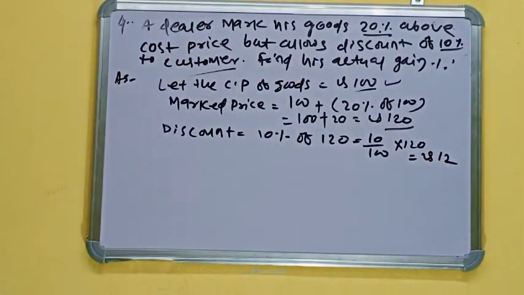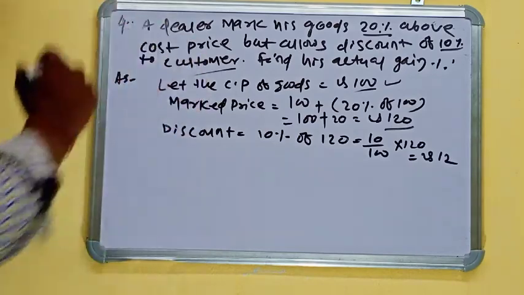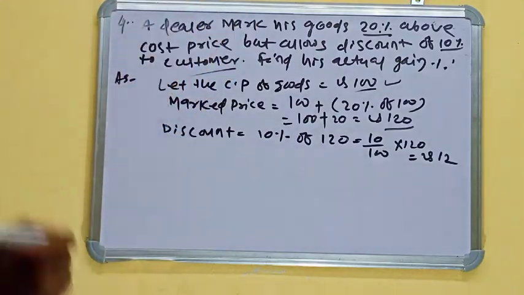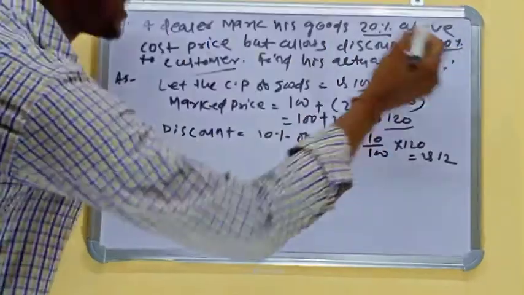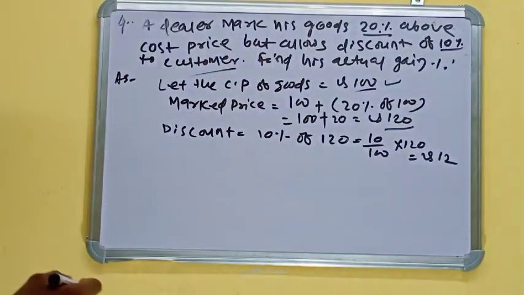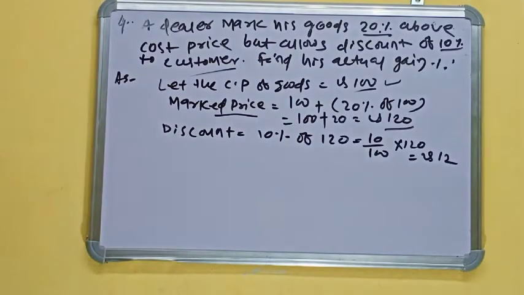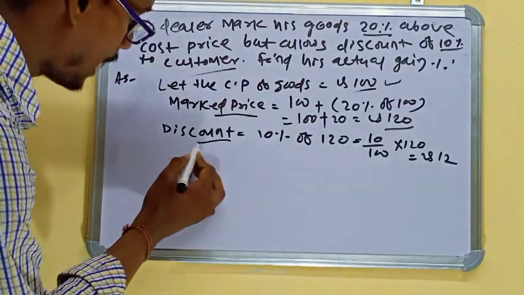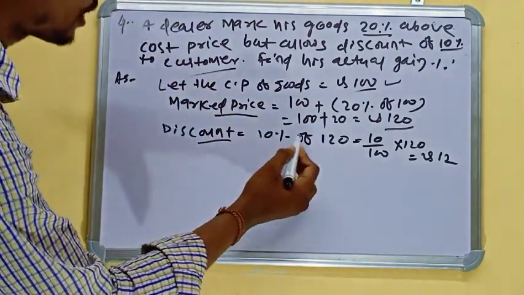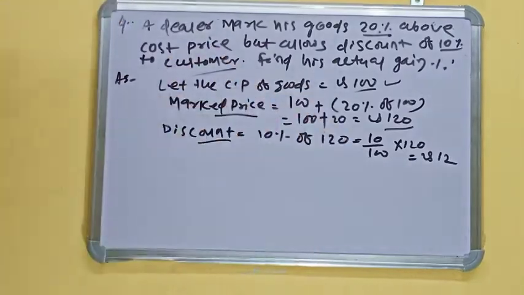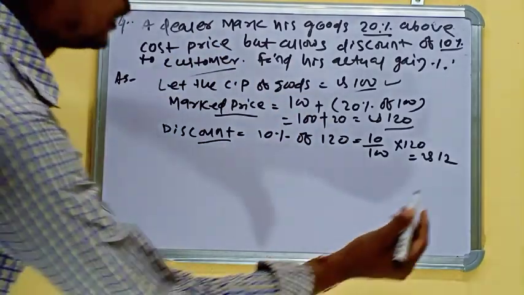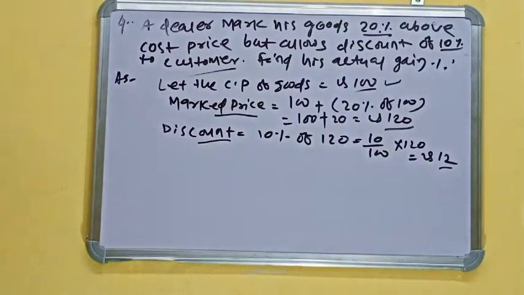So the discount amount is 10% of 120, which is rupees 12, allowed on the marked price.